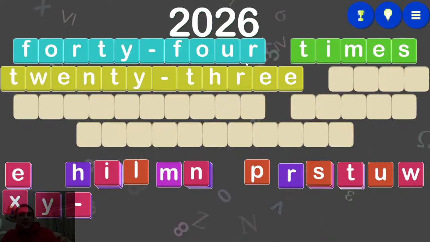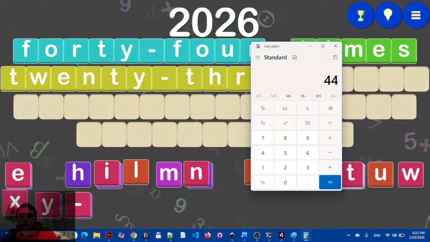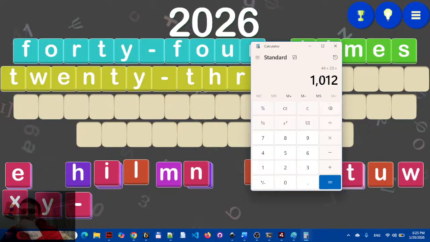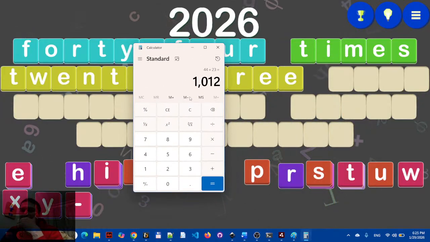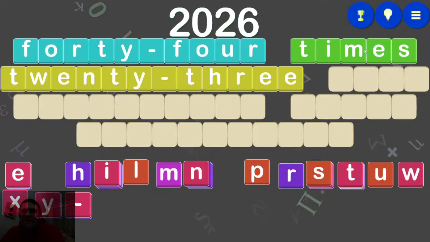So we can start calculating. 44 times 23 is 1012. Very interesting because 1012 is almost one half of 2026. Yeah? 44 times 23. And here goes plus.